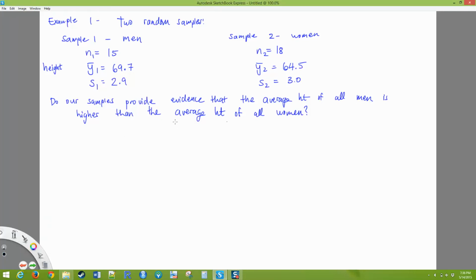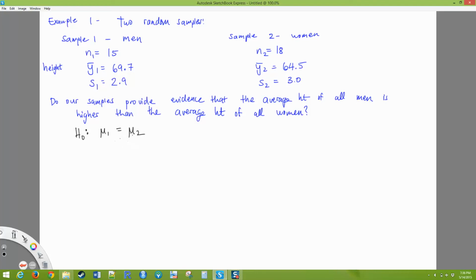Okay, so our null hypothesis will be that mu1 is equal to mu2. The null hypothesis always has an equal sign. So even though the question is asking whether this provides evidence that it's higher, you're not going to put a greater than sign in the null hypothesis.